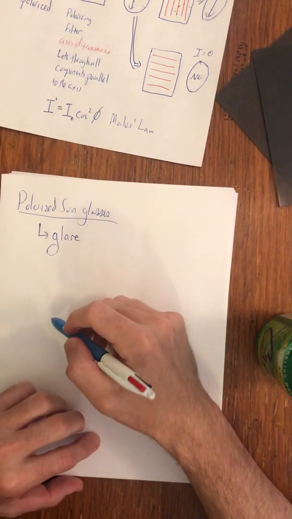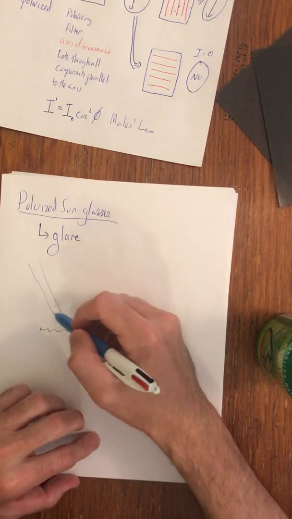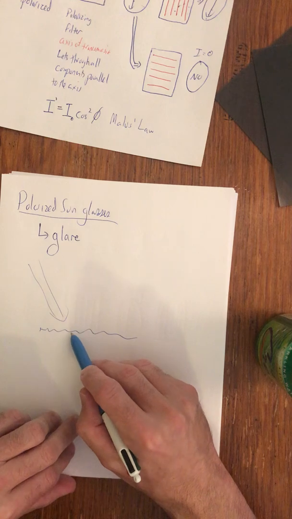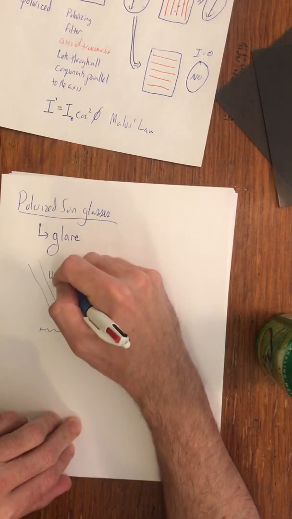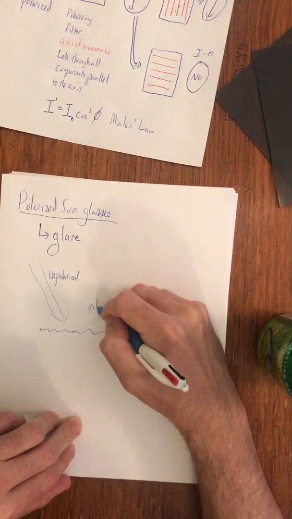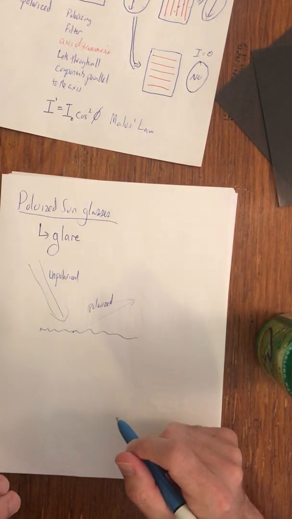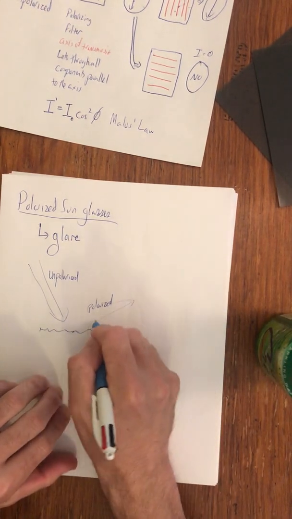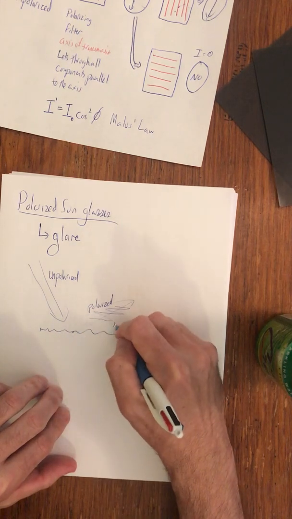So what happens here is if this is water, and you have light coming in to water, when light gets reflected off of water, it becomes polarized. So here's unpolarized white light coming in, and here it is polarized. Very specifically, when light is polarized off of water, it is left-right.